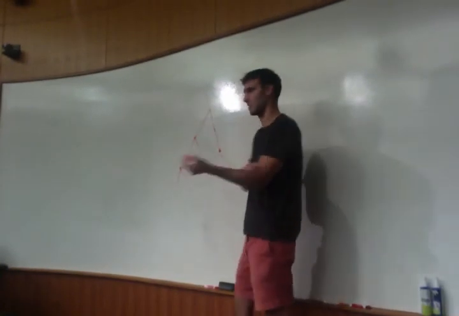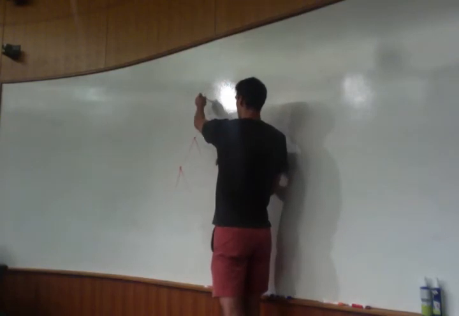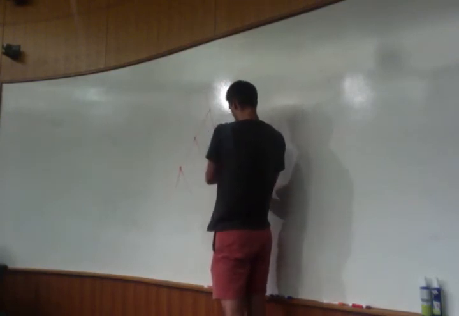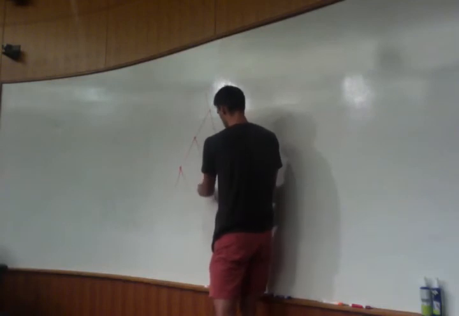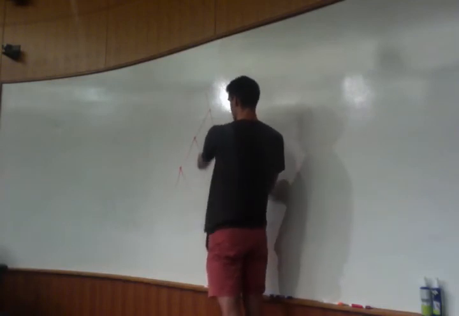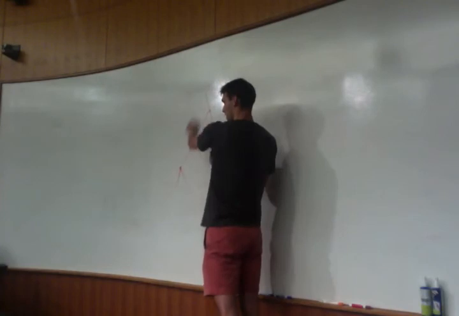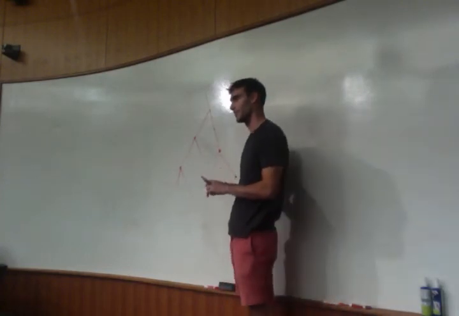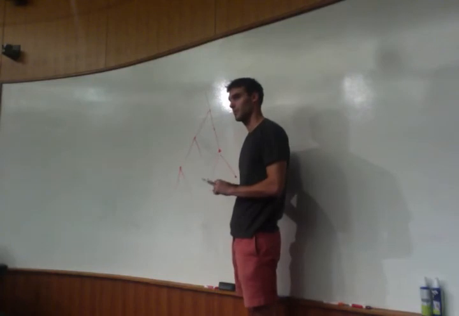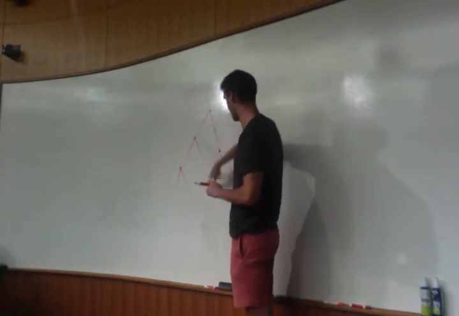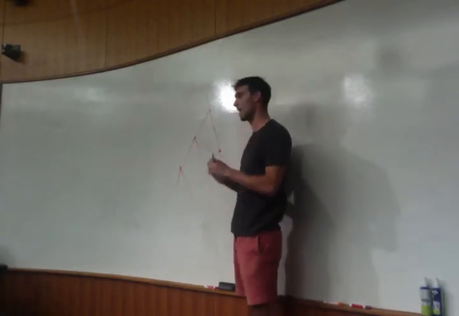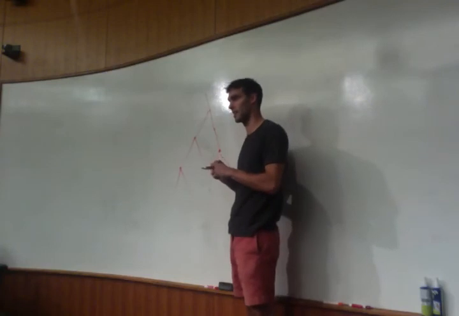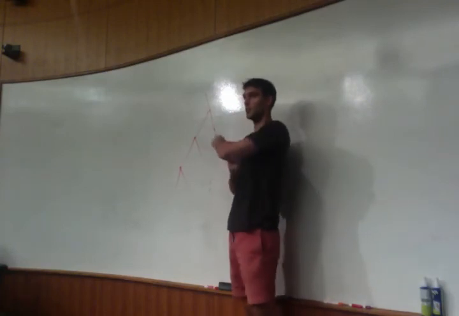I went all the way down to this node, then back up here, then back down to this one, and back up, and so on. I'm just sort of walking my tree like this. So I hit every tree edge exactly twice. This is a path that hits every tree edge twice.